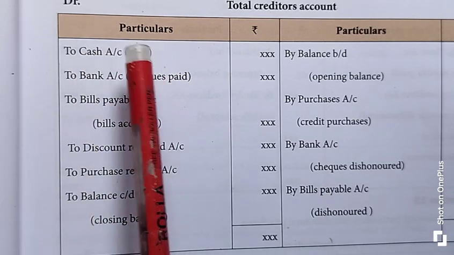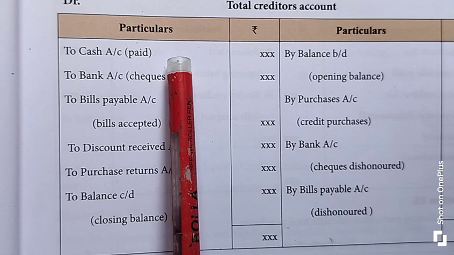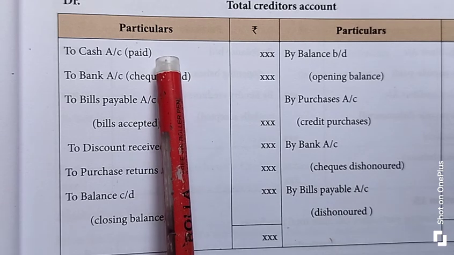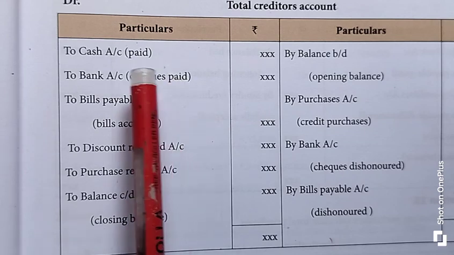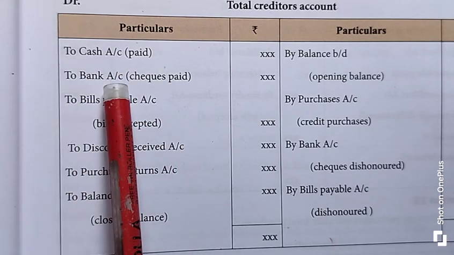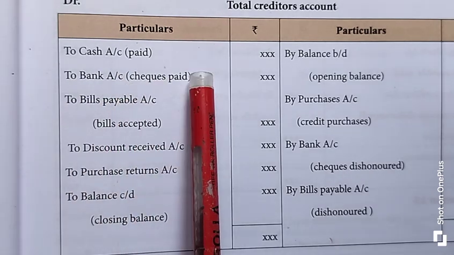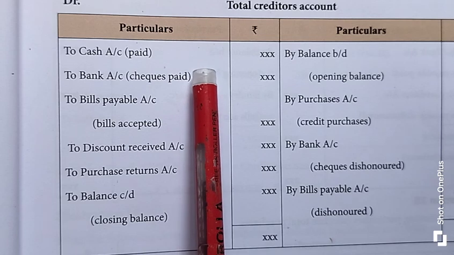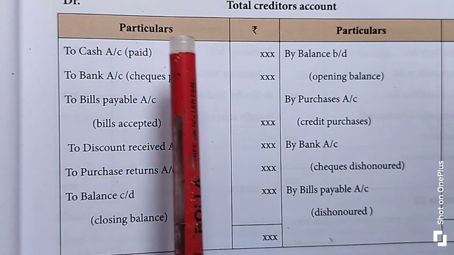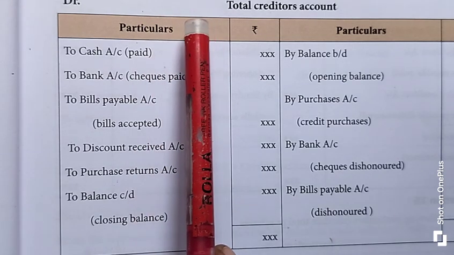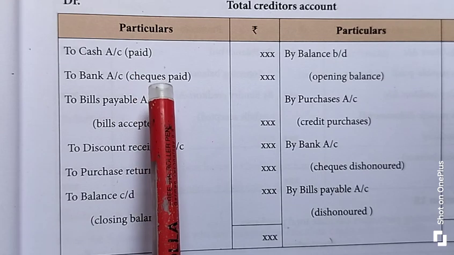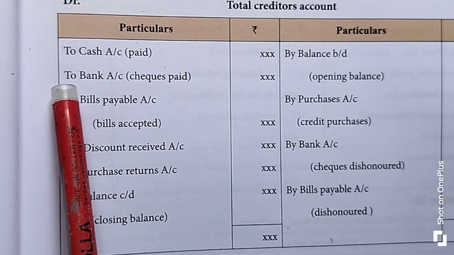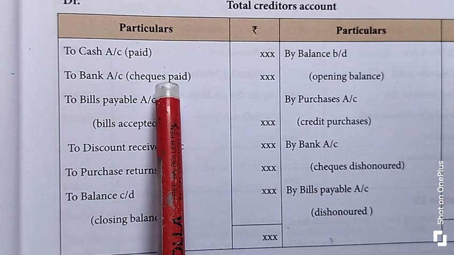Then if you made payment through cheque, cheque means bank, so you have to write to bank account, and within the bracket you should write cheque paid. Listen, when you paid cash, within the bracket you write only paid. When you made payment through cheque, you write to bank account, and within the bracket cheque paid.